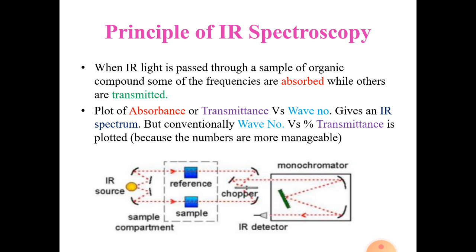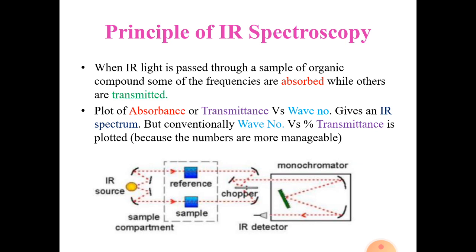So simply, if I want to pass the reference beam, the chopper will move downward. If I want to pass the sample beam, the chopper will move upward. It just acts like a switch. Thereby, the reference beam is passed and detected by the IR detector, as well as the sample beam.